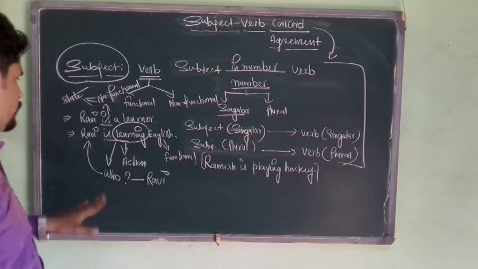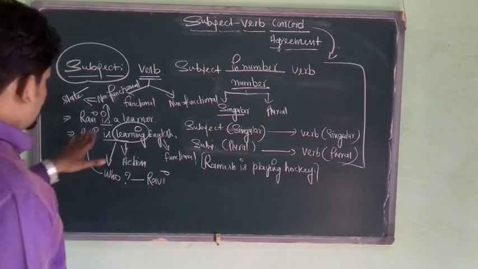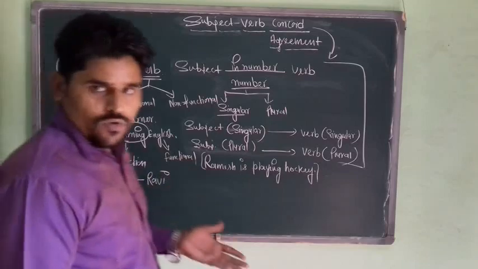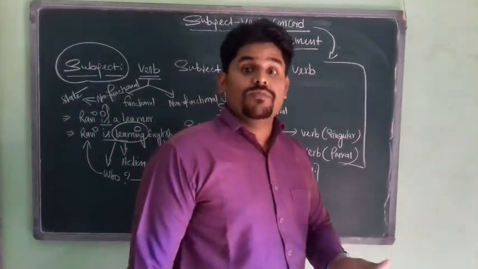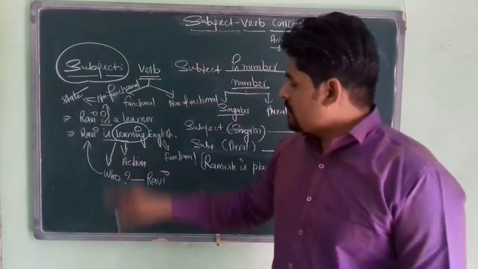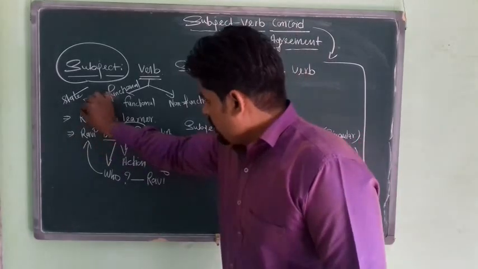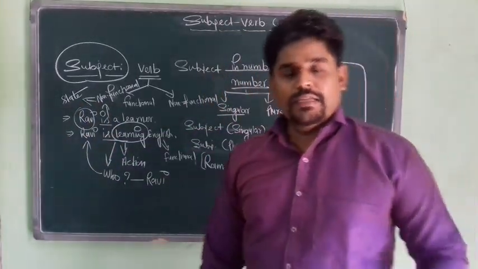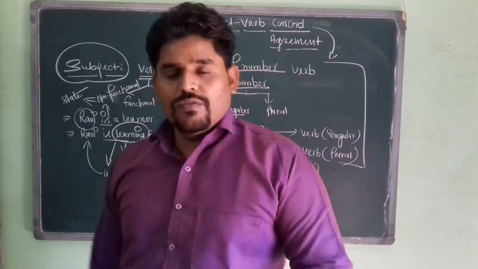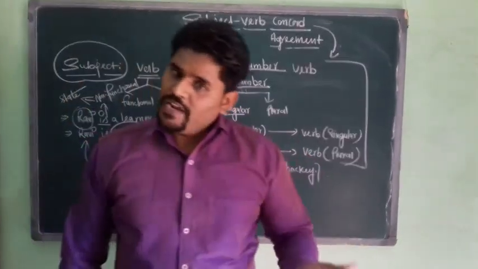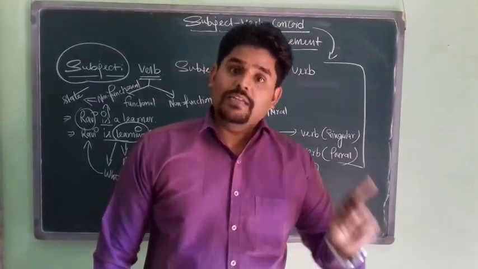Then there is way number 2. Let us now consider the first sentence, Ravi is a learner. Here there is no action going on in the sentence, only some information is given about someone. And who is that someone this information is given about? This is Ravi. So when there is no action going on in a sentence, we just need to know what kind of information is given and about whom.